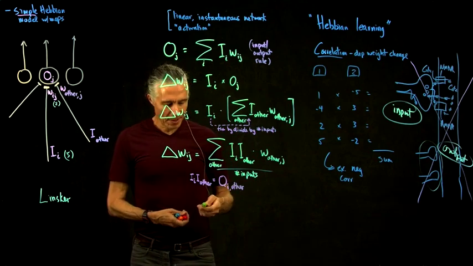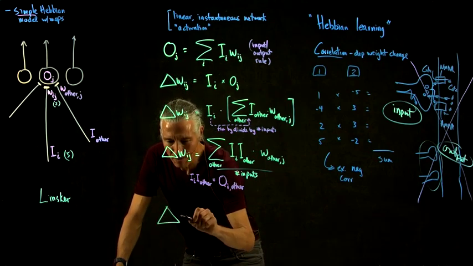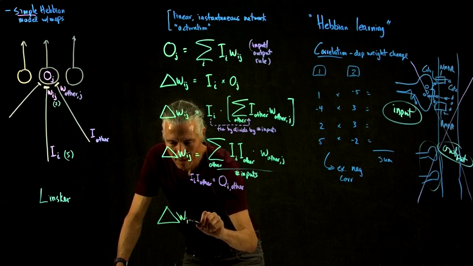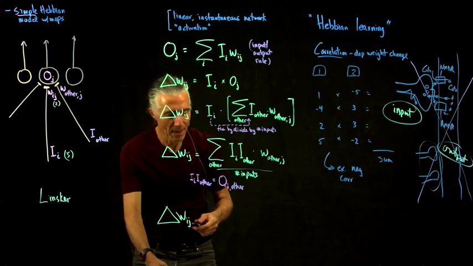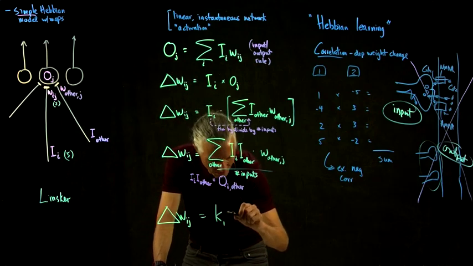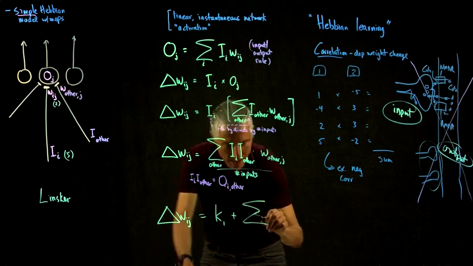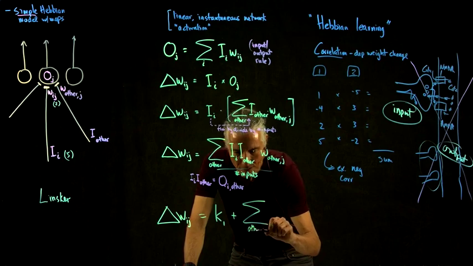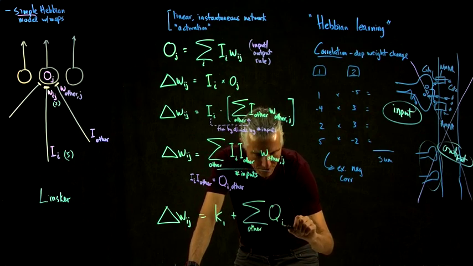Then when you write the final equation that he used, I'll explain why it looks this way. For I j, this is about the simplest possible equation that you could have for a Hebbian rule. It's got a couple constants in it, and we'll find out what those are. Basically it's the sum over all the other units of the correlation between the current unit and every other unit.